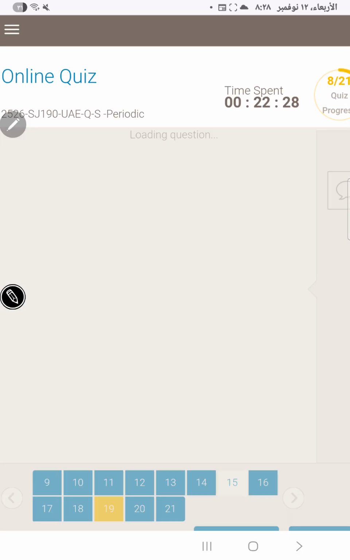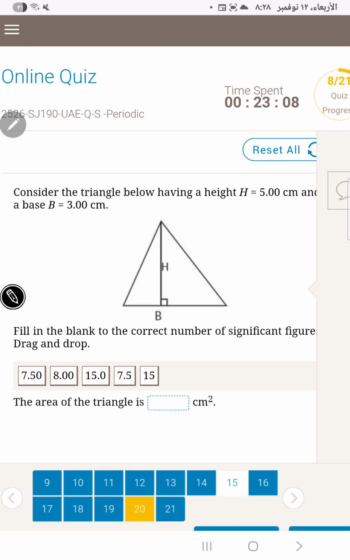Question number 20 now. Okay, consider the triangle below having a height of 5 and a base of 3. Fill in the blank to the nearest number of significant figures. The area must be what? We know that area must be base times height over 2. So let's write the formula.